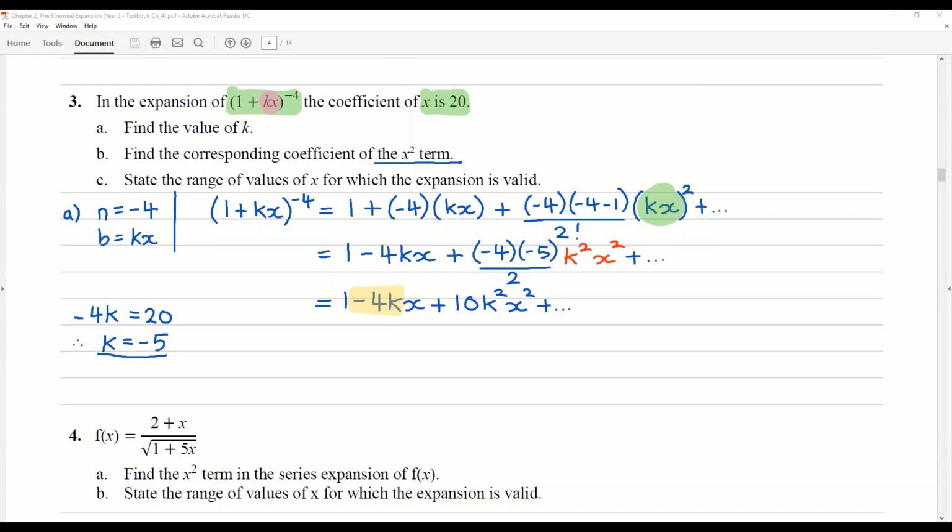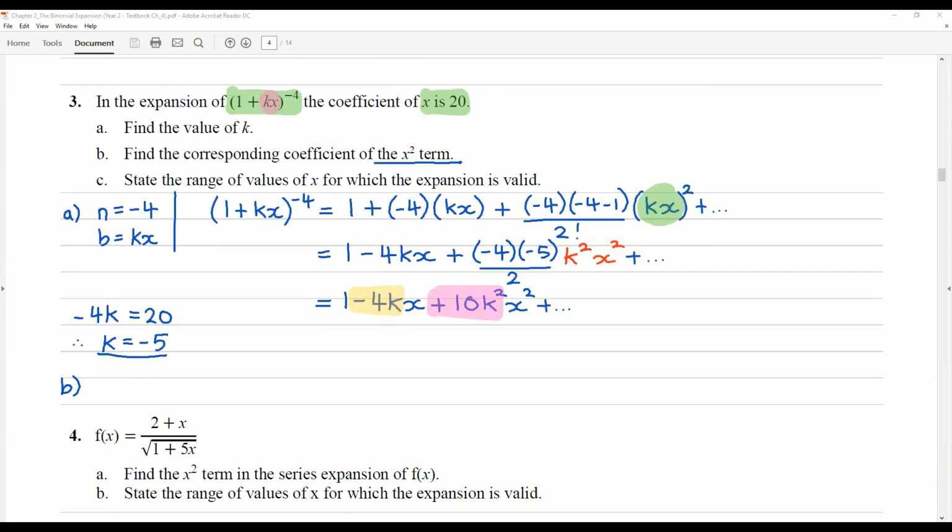So that's A finished. Now for part B, we have to find the corresponding coefficient of the x squared term. So for part B, we won't need much space for this. The x squared term, which I will highlight, the coefficient is plus 10k squared. Okay, plus 10k squared.